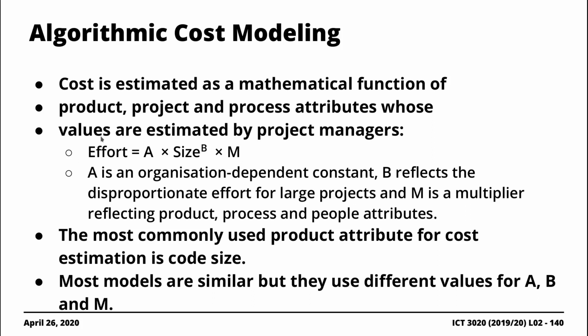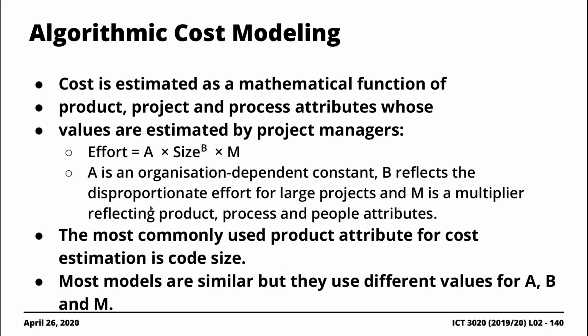But anyway, if you look at this formula, A would be some constant that is dependent on the organization, so the development firm in this case, and then B would reflect the relative effort for large projects, right? And then M is just some factor that is used to compound the result that you're getting from A when multiplied by size.